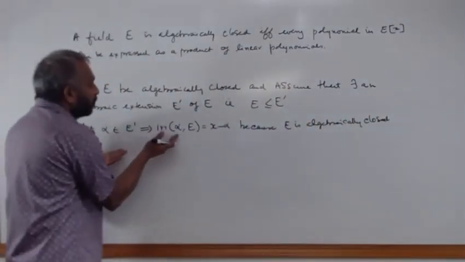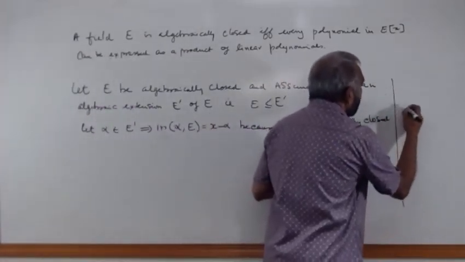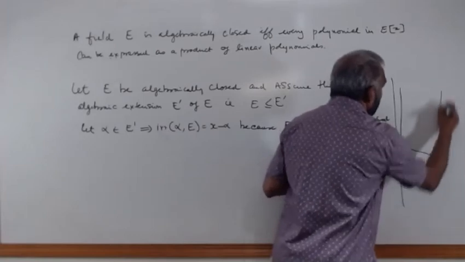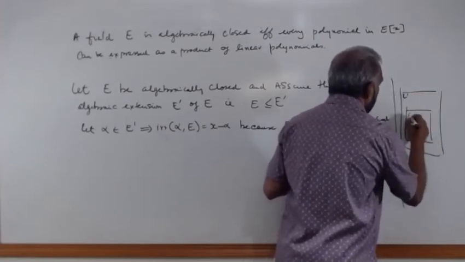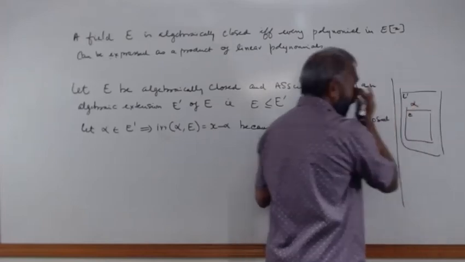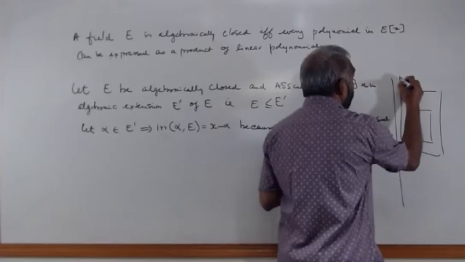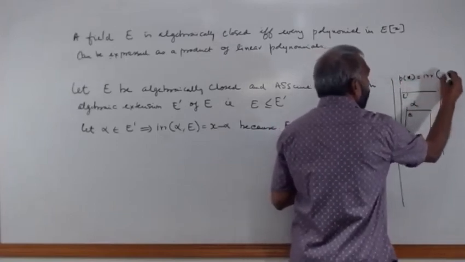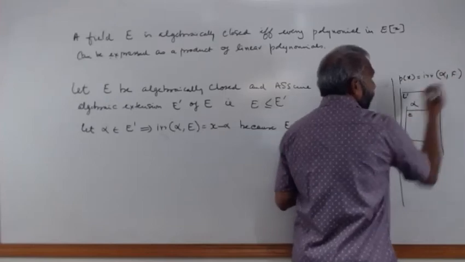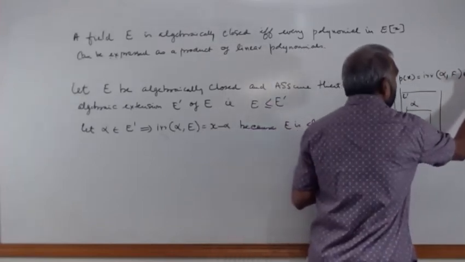The reason for this one is, see, what I'm trying to say here is this is E prime and this is E, and alpha is here assumed. So there exists a polynomial P of x, and that is called the irreducible polynomial of alpha over F, that belongs to E of x.